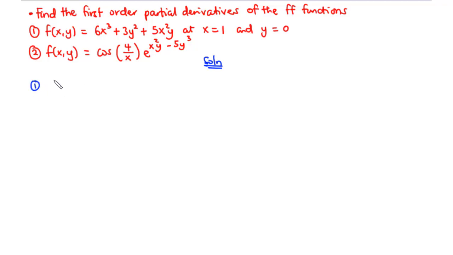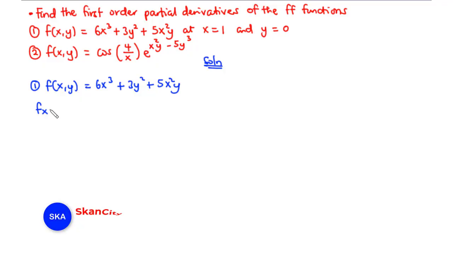For 1, we have the function f of x y equals 6x cubed plus 3y squared plus 5x squared y at x equals 1 and y equals 0. So let's find the first order partial derivative of the function with respect to x, and that is equal to, so we are going to differentiate term by term.